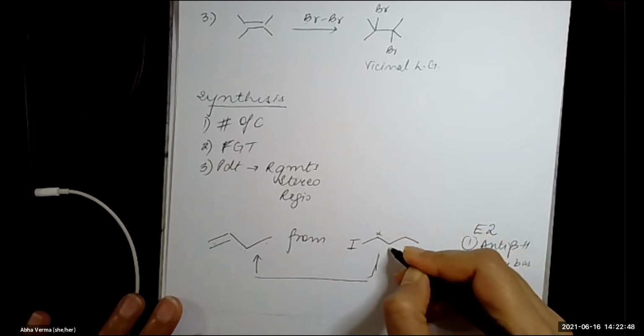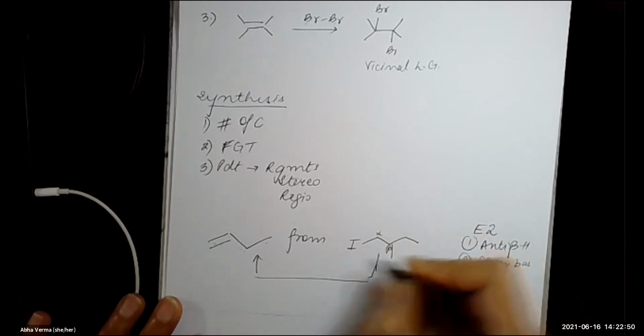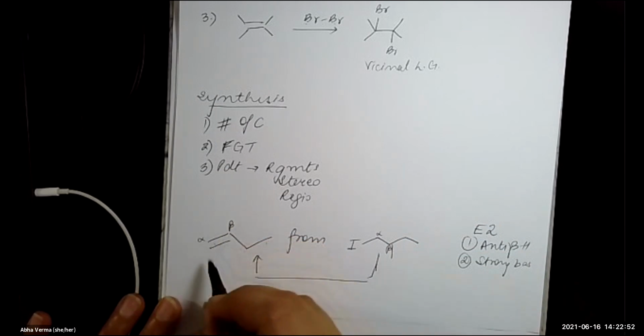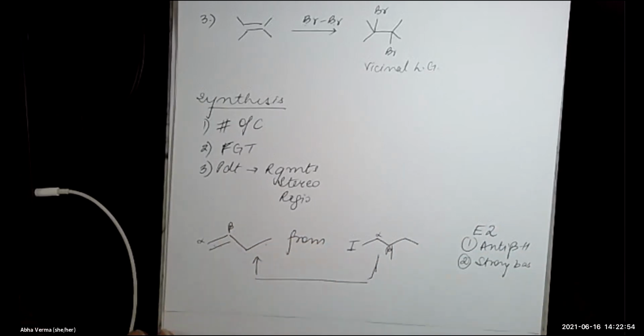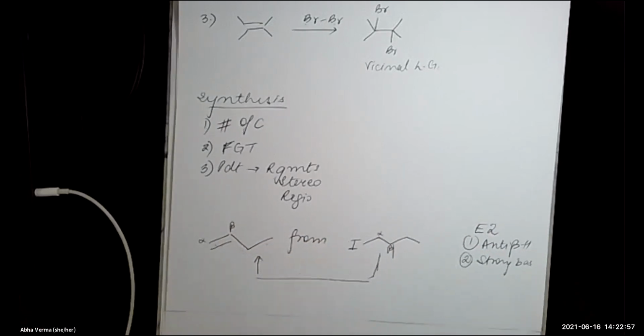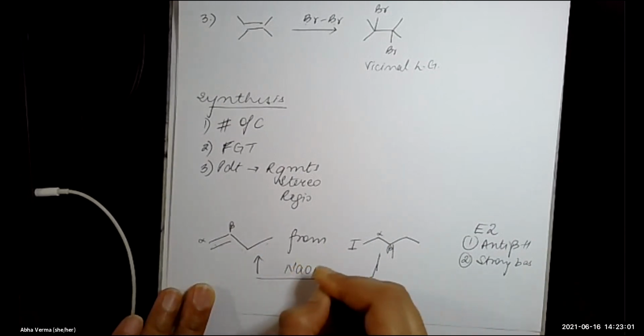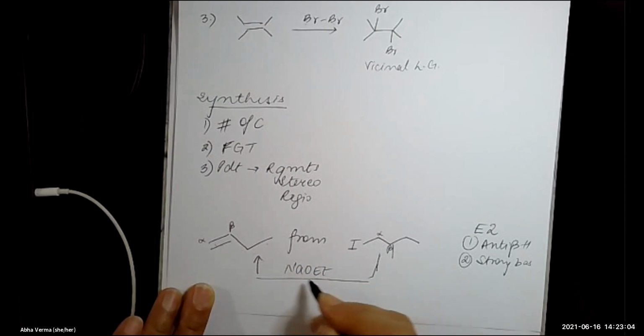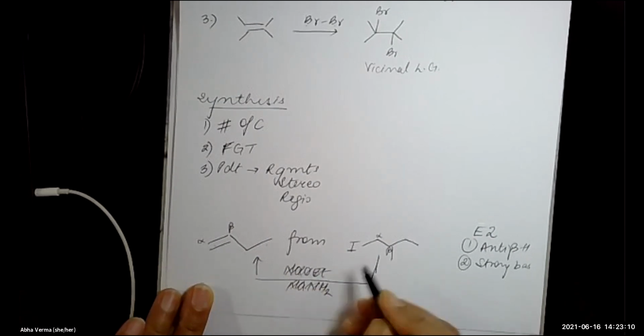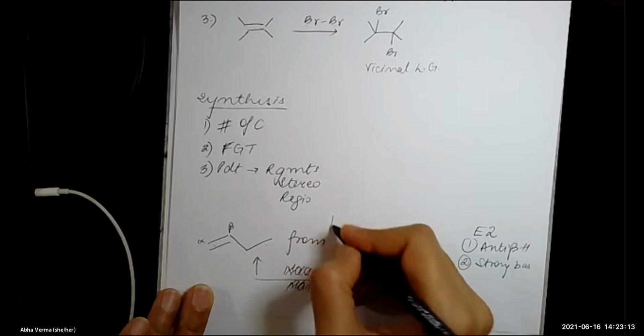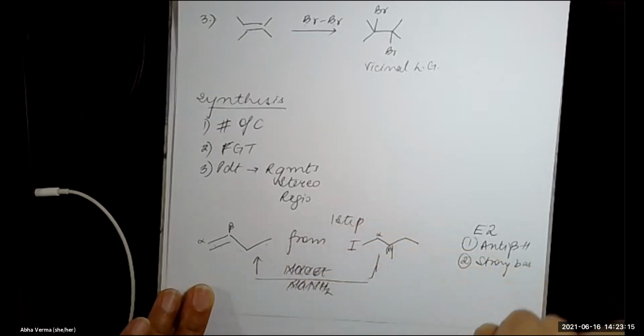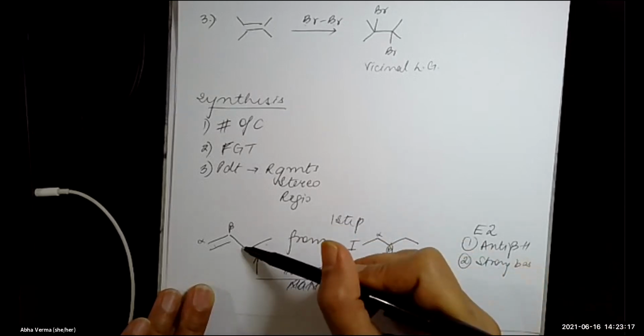This is your alpha carbon, this is your beta carbon, and your alpha beta is where your new double bond is. What will you use here? You will use a strong base. You can use sodium ethoxide, or you can use sodium amide, any strong base that you would want. This is just a one step reaction from a starting material to your final product.